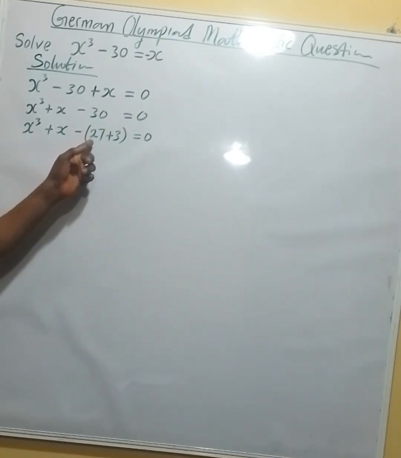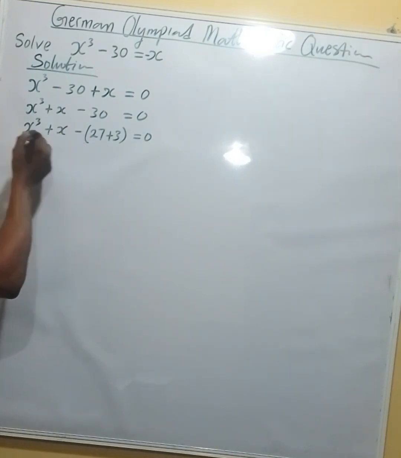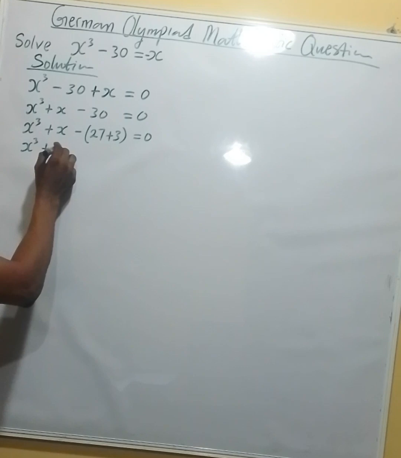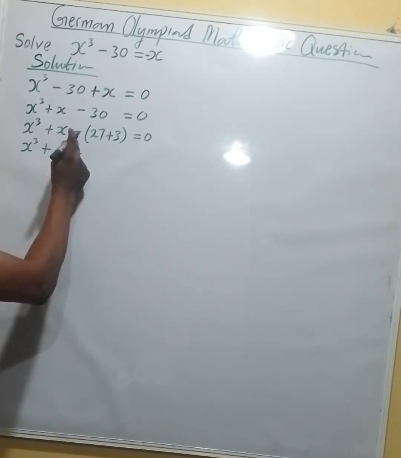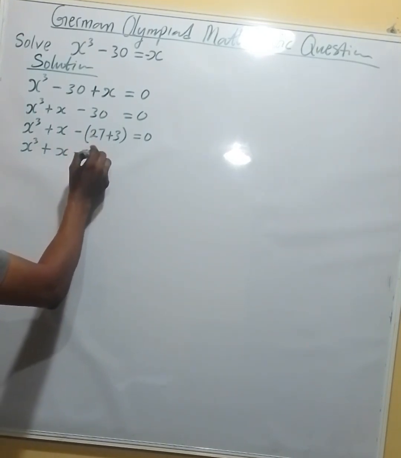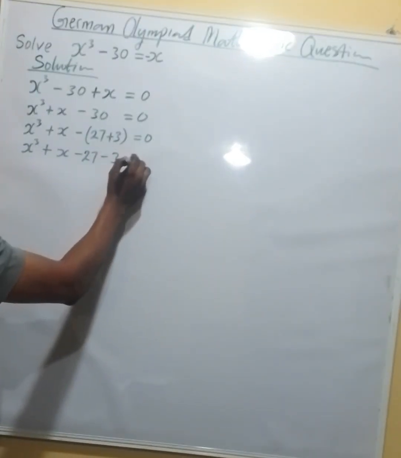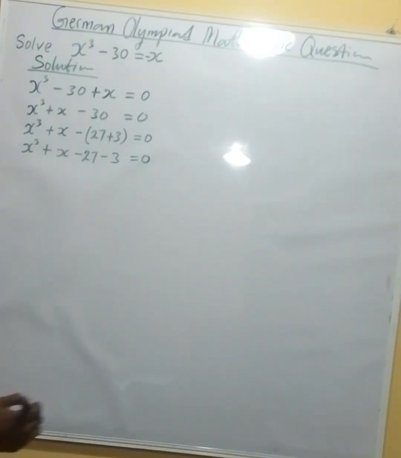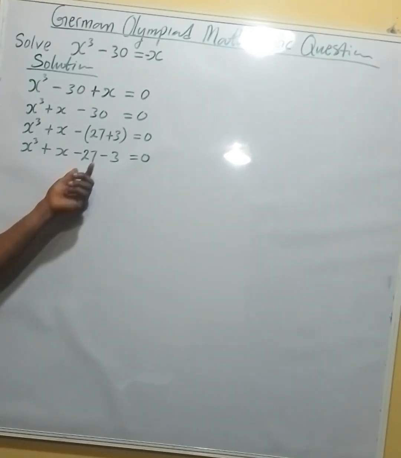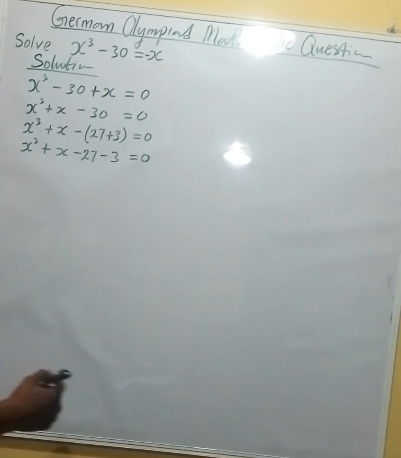Now let's open the bracket first. We have x raised to power 3 plus x minus 27 minus 3 equals 0. Then the next thing you are going to do is rewrite this 27 as 3 raised to power 3.